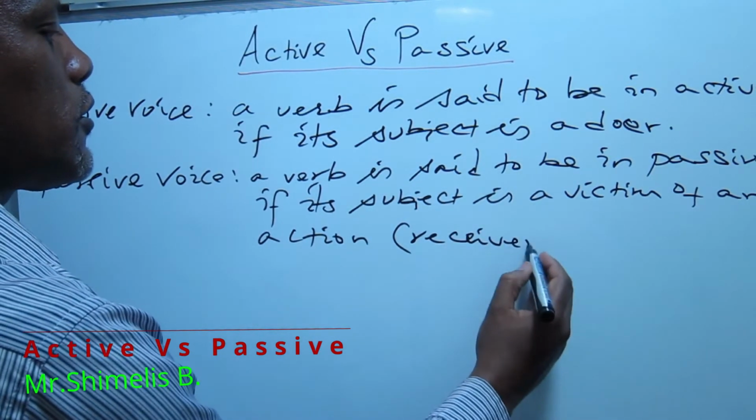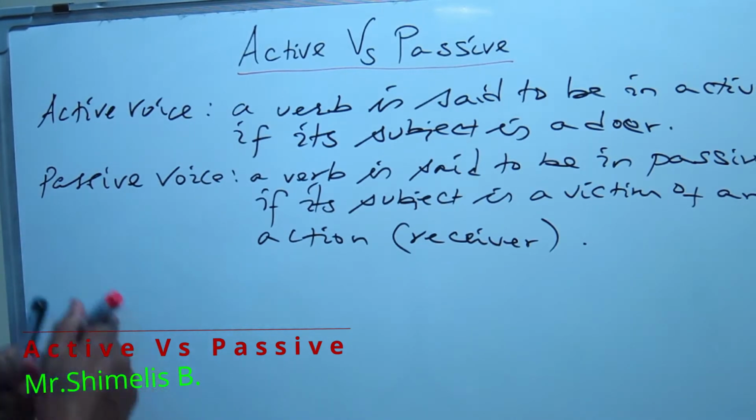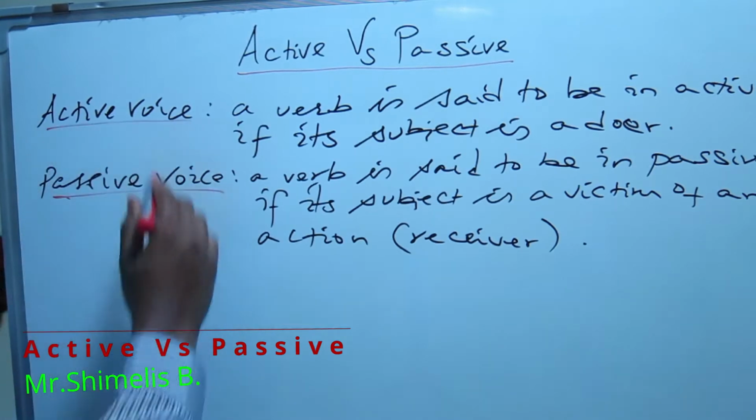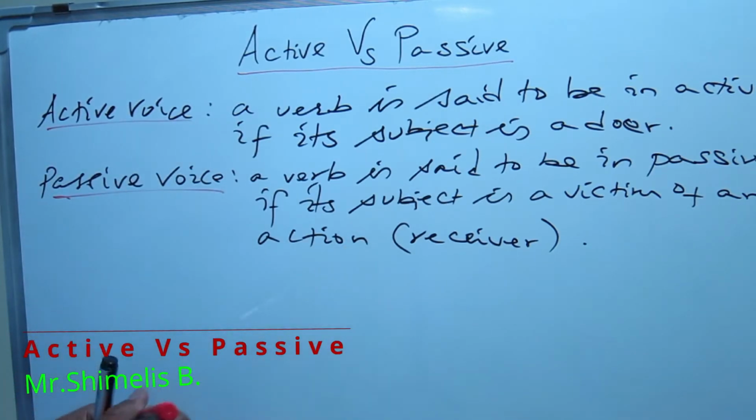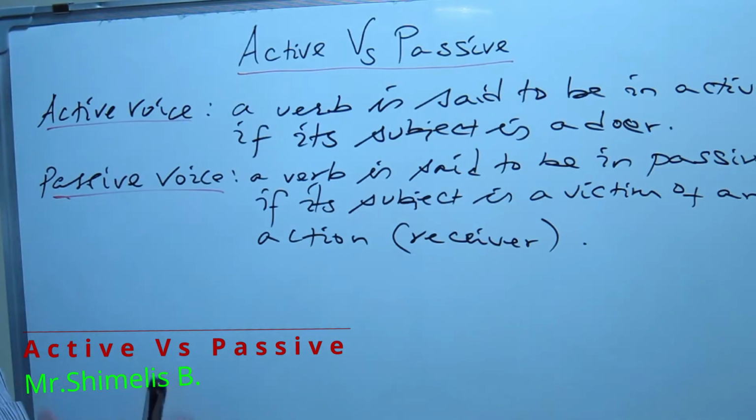If the subject is a receiver, we say the verb is in passive. The verb is in passive if the subject is the receiver or a victim, or it is a part of the sentence which is acted upon.